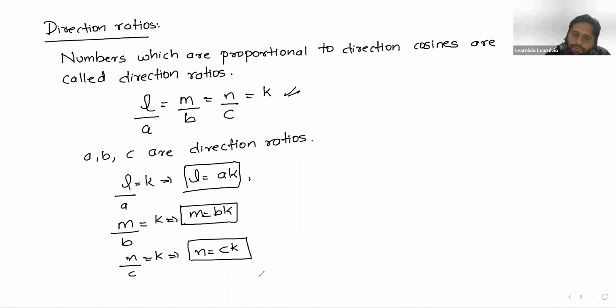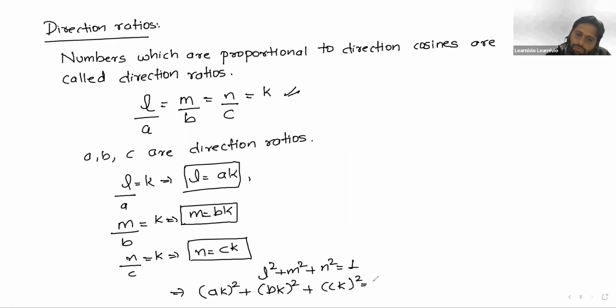Okay. We know that L square plus M square plus N square is equal to 1. So you can put the value here: (AK) square plus (BK) square plus (CK) square is equal to 1. Take out K square common. So here you will get K square times A square plus B square plus C square is equal to 1.